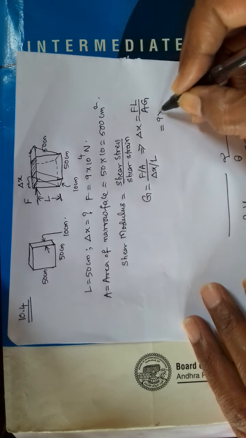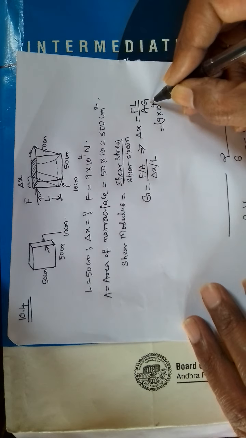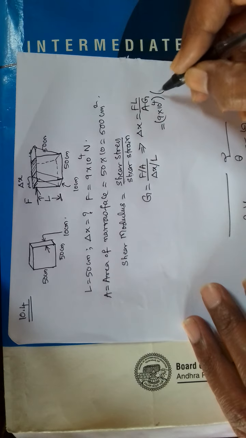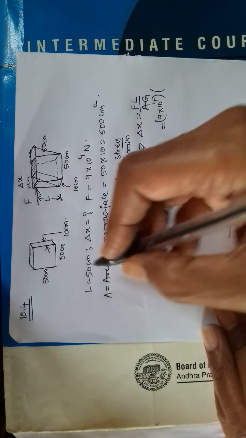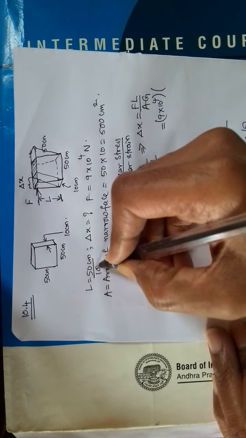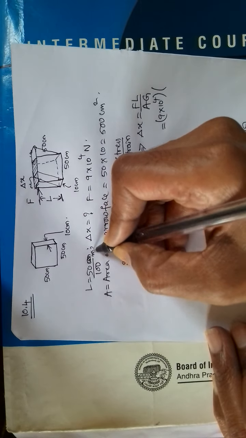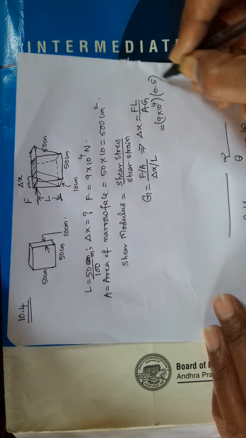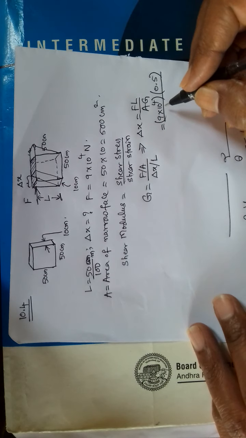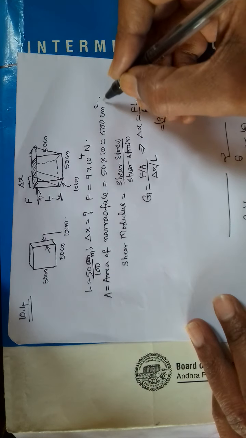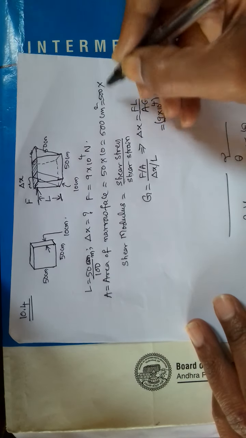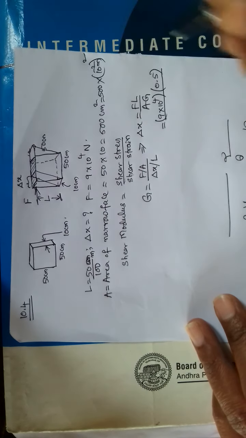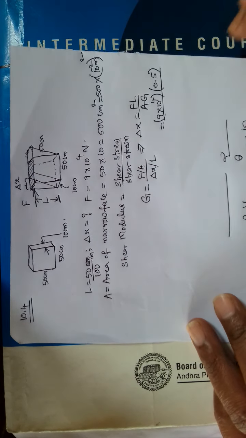Force is 9 into 10 power 4. L value, the height of the slab, is 50 centimeters. So 50 centimeters divided by 100 gives meters, so 0.5. Cross sectional area: 500 into centi means 10 power minus 2 whole square, 10 power minus 4.